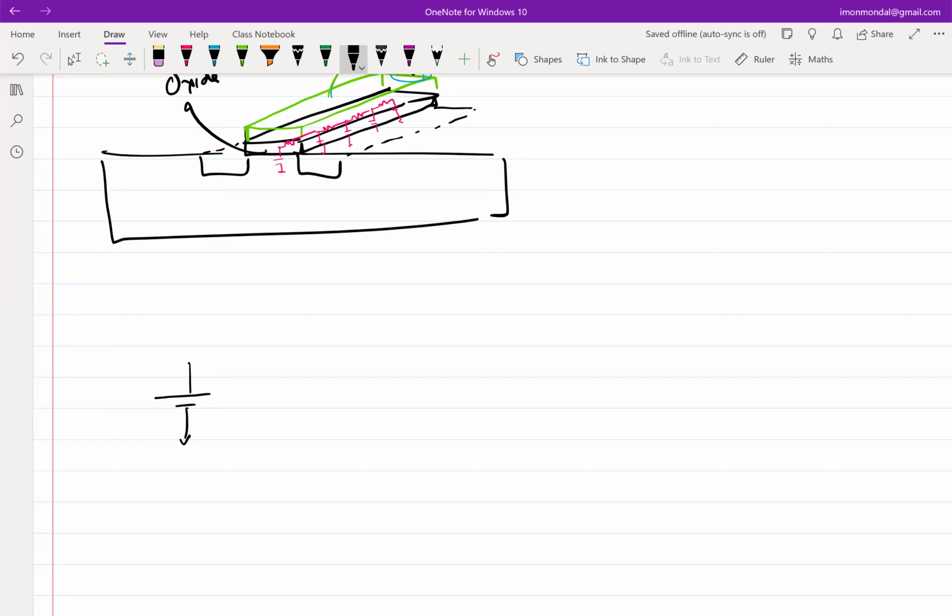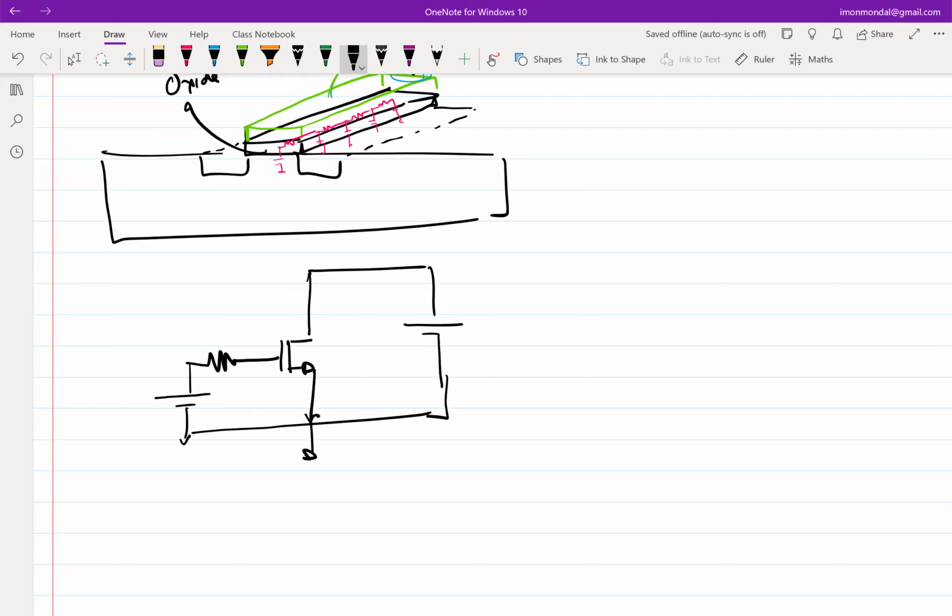The moment you have a resistance associated with it, you have a problem, because now you essentially have a resistance which goes to the gate. I call this, let's say, RG. And I have this IN. Assuming the transistor is in saturation and neglecting channel length modulation and all, I intend to find out what is the noise current.